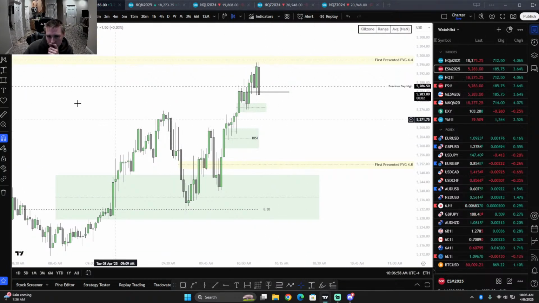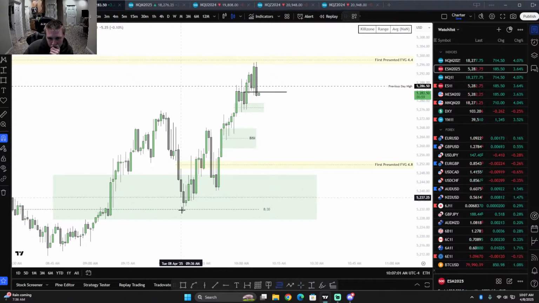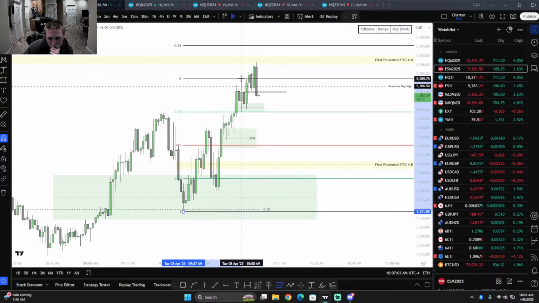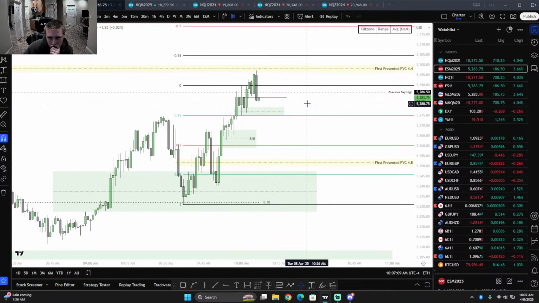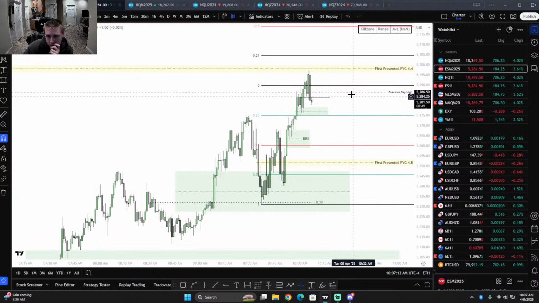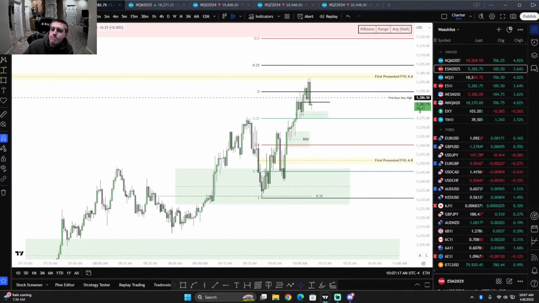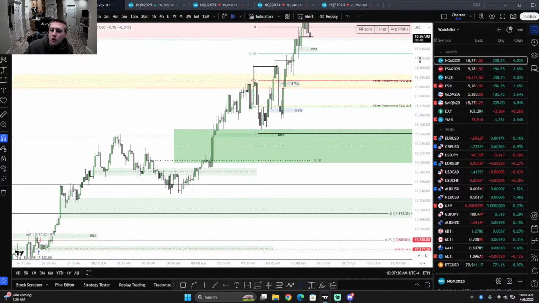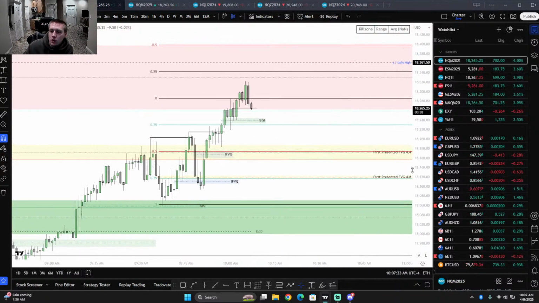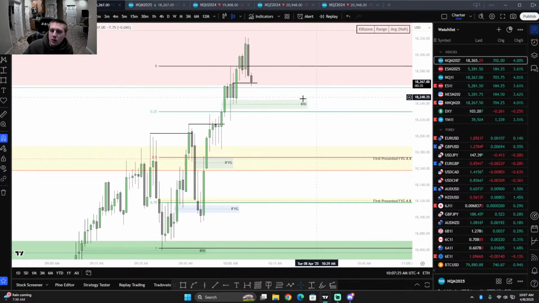Notice ES hitting that. Or could we possibly reaccumulate? I wouldn't want to see any lower than this buy side imbalance. We do have this down close candle here. If we trade below this, we'll probably get into this.